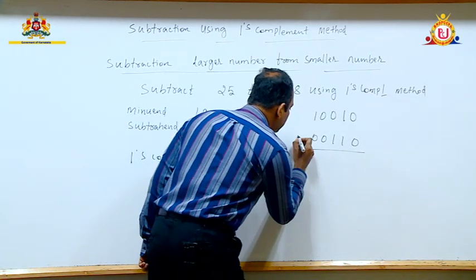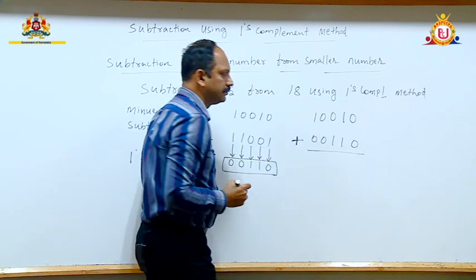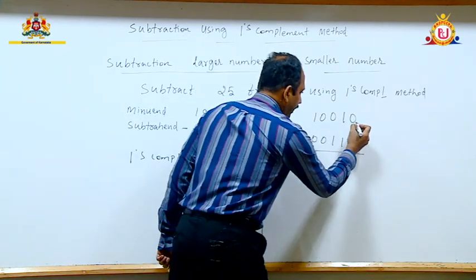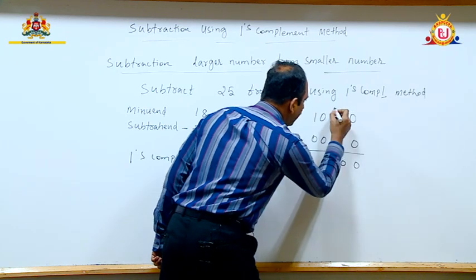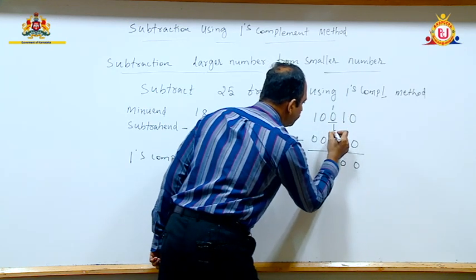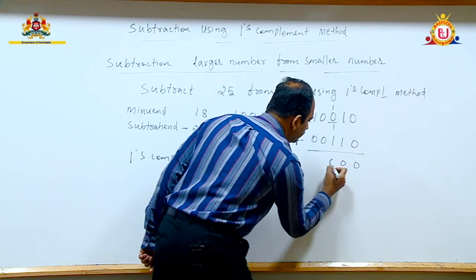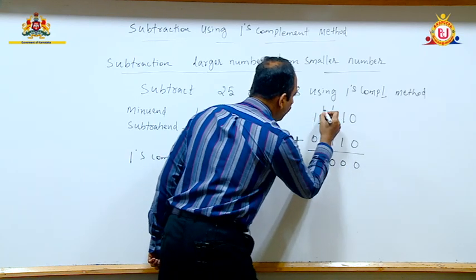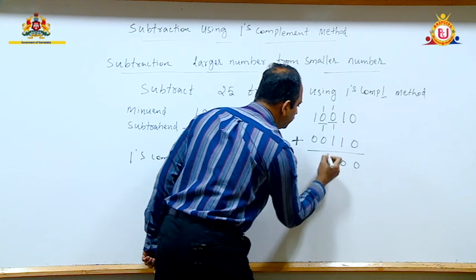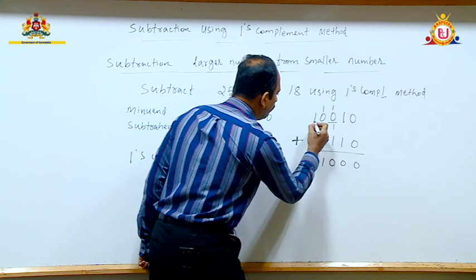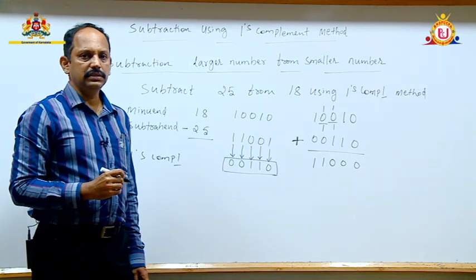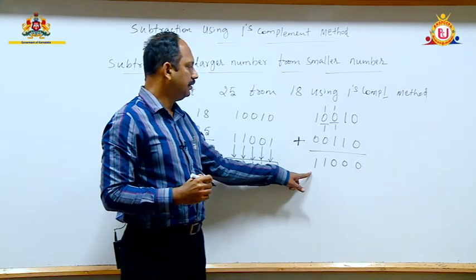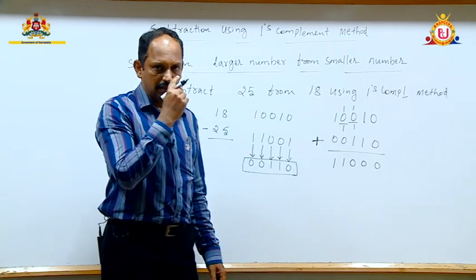Now let us add this. After adding: 0 plus 0, 1 plus 1 is 0 with carry 1, 1 plus 0 is 1, 1 plus 1 is 0 with carry 1, 1 plus 0 is 1, then 1 plus 0 is 1. This is the result of the addition of these two numbers.